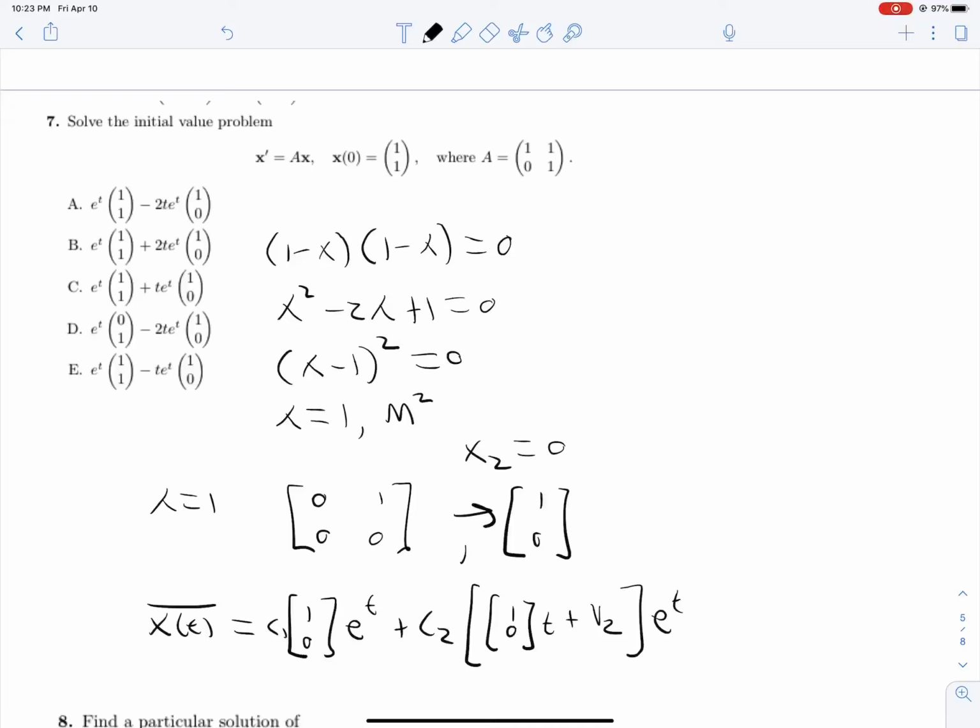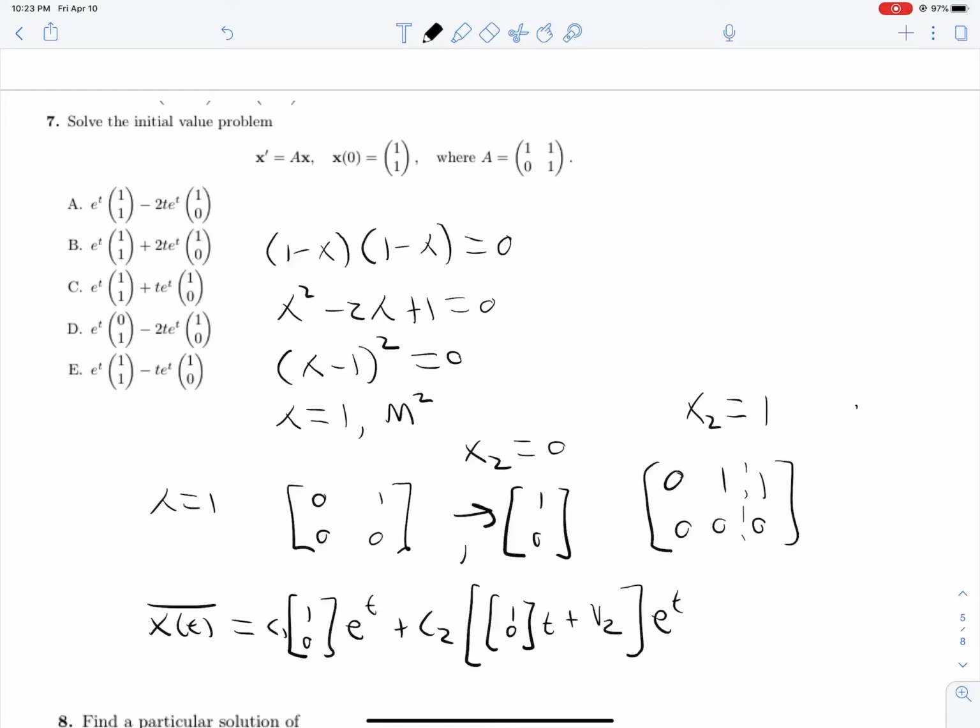So finding v2 is going to be our issue here. All we have to do is set up the augmented equation formed from A minus lambda I and our first eigenvector. So that will be 0, 1, 1, 0, 0, 0. And reading this off in equation form, it's an augmented matrix, so this says that x2 is equal to 1.